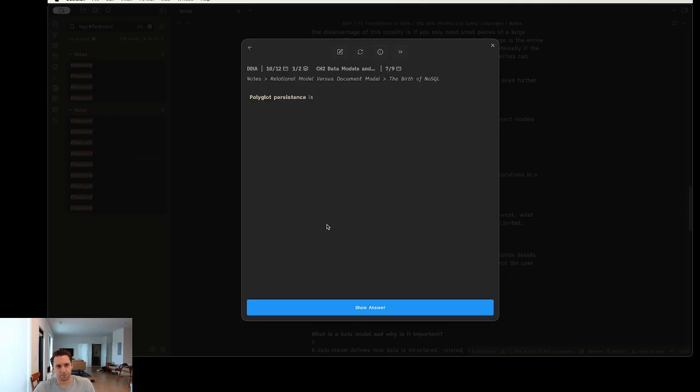Polyglot persistence is the concept of using both document and relational models to fulfill your application needs.